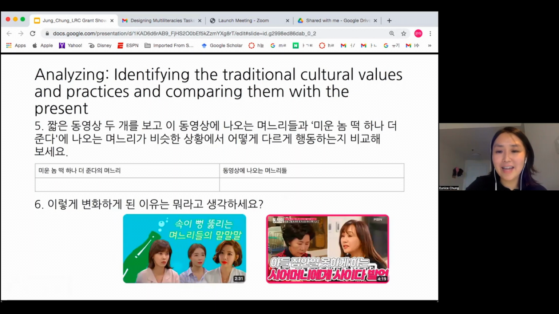So the literal translation is, you say something and it's a Sprite, a soda, so that what is stuck in your chest just comes out, so you don't have to bear with it. So students compare the daughter-in-law in the proverb story and the daughters-in-law in the modern video clips. And we talk about why this kind of change has appeared.